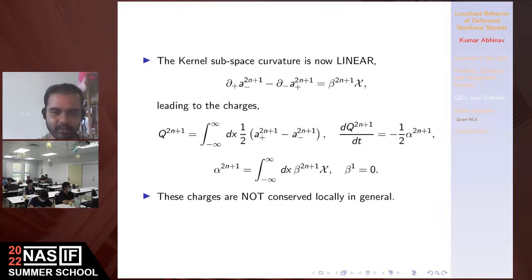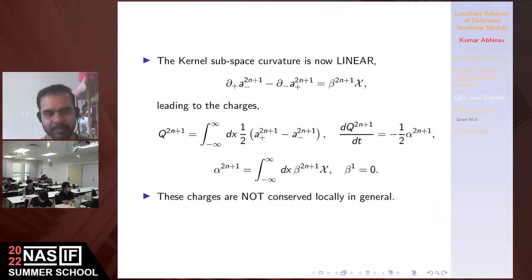And that's why you can define a charge like this Q, whose time derivative is this. So this is dq dt, which is here. You just compare the coefficients, you will find it. So you can see this dq dt, which is alpha 2n plus 1, like this. This is non-zero, but it depends on this curly x. The interesting thing is that this curly x is the anomaly which vanishes when epsilon is 0.